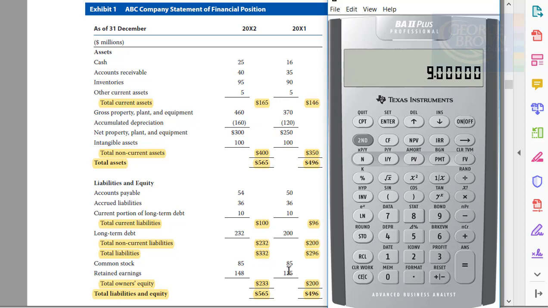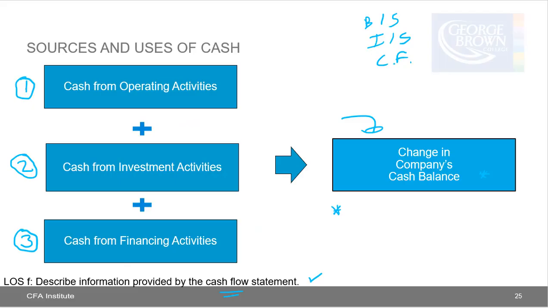But we want further explanation of how that increase of $9 million happened, and where do we get that information? We get it from the cash flow statement, which gives us the sources and uses of cash, and it categorizes it into three different categories.